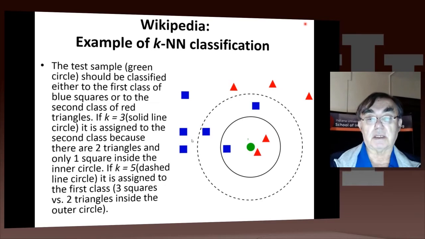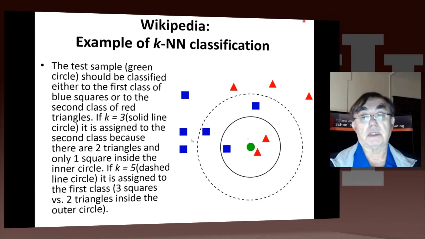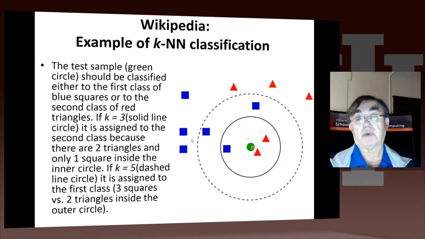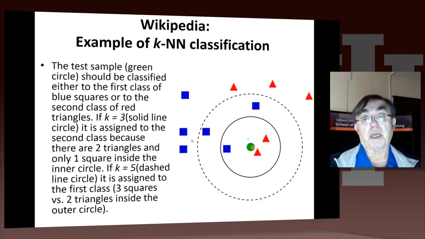If I take K of 3, which is the points in the solid circle here, that's 3 points, and then we might just do a voting algorithm. Notice of those 3 points, 2 of them are red and 1 is blue, so we will classify the green point as red, which is probably by eye the best classification.